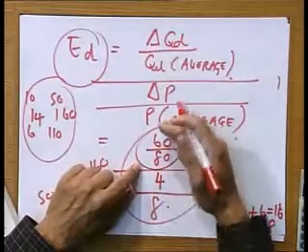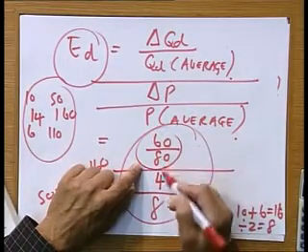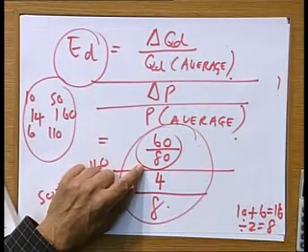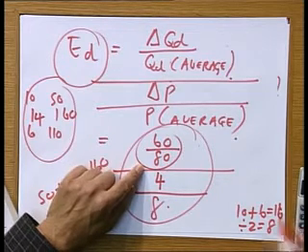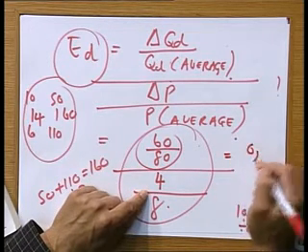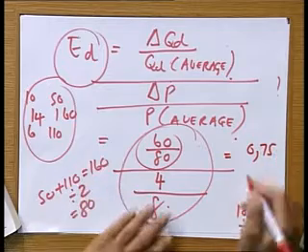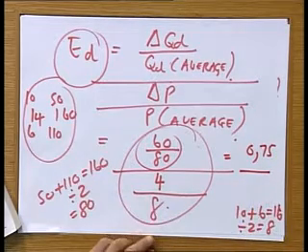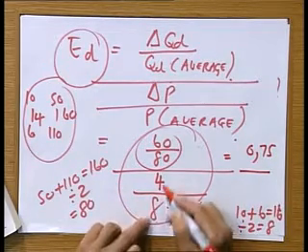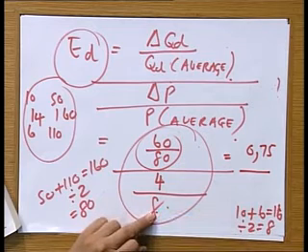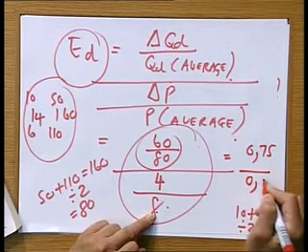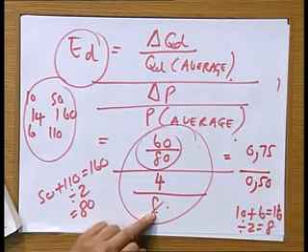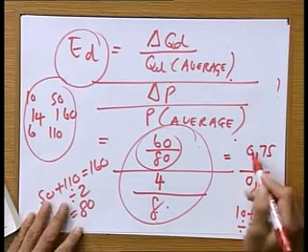So let's look at the numerator, 60 over 80. 60 divided by 80 gives you 0.75, and then divided by what? Your denominator, 4 divided by 8. 4 divided by 8 gives you what? 0.50, right?